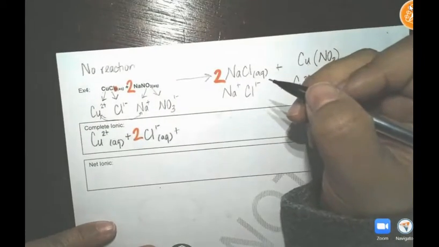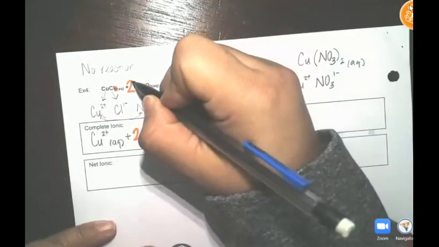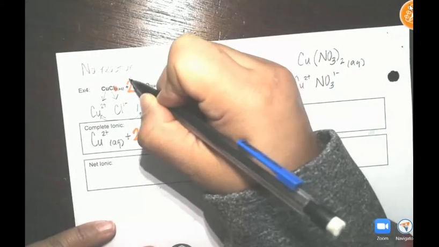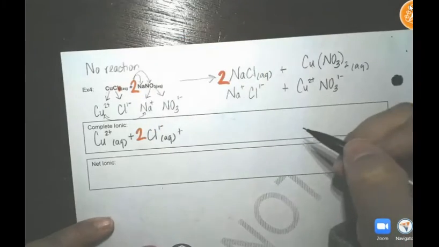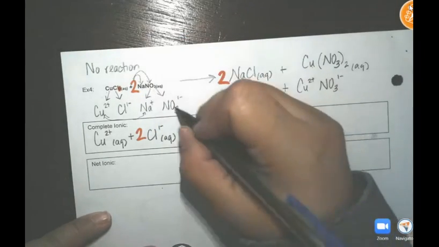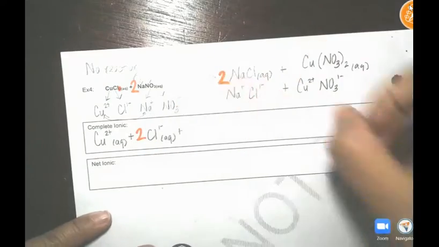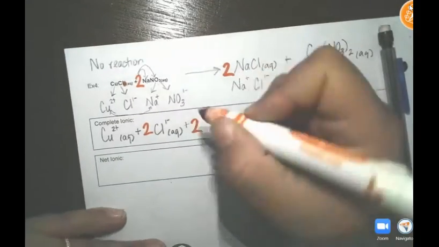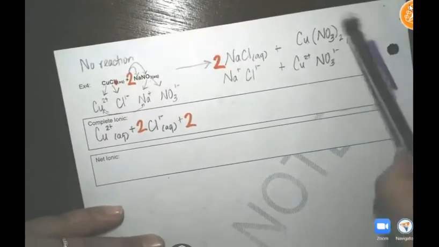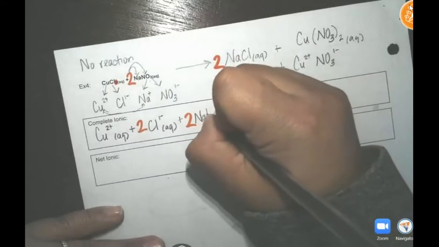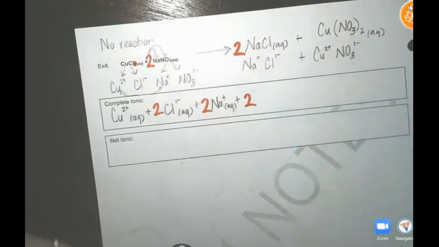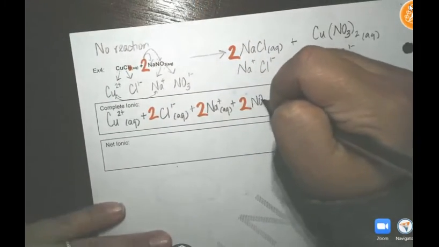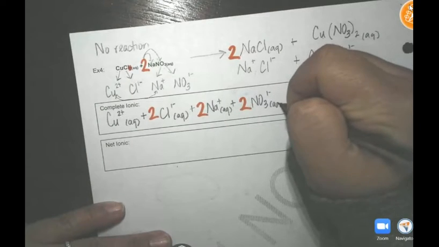Plus, I need to distribute this 2 into here and here, which means I have to distribute that to these ions here. So that's going to be 2 Na plus aqueous plus 2 here, NO3 1 minus aqueous.